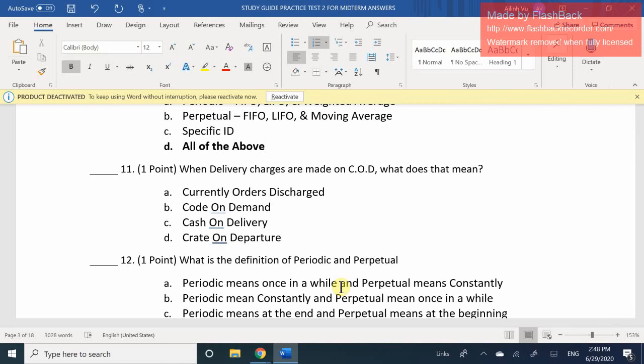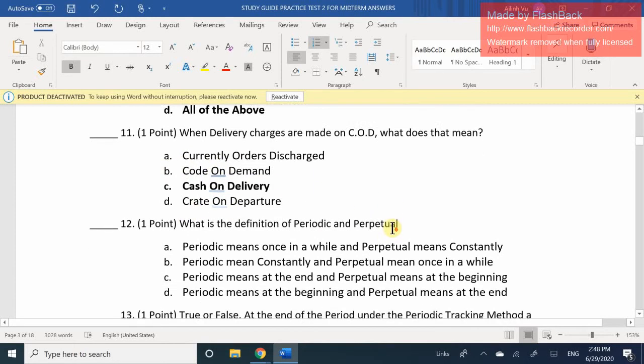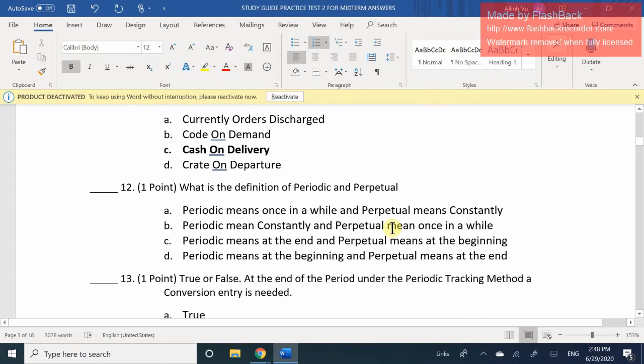Ooh, I came up with really good ones, man. These are really close and they actually are pretty accurate. Yes, C, cash on delivery is correct. Again, these are just made up things, so if you know, you should know.